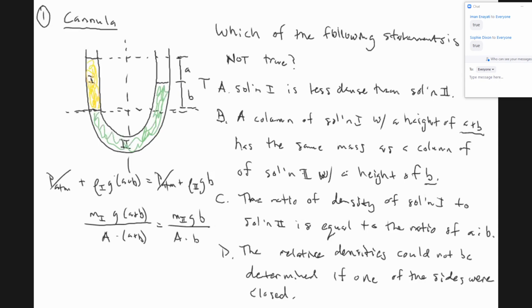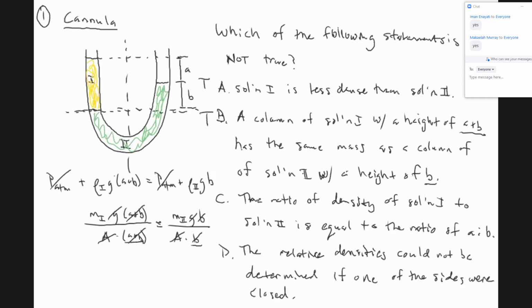If we cancel everything out, B cancels B, gravity cancels gravity, A plus B cancels A plus B, and the cross sections cancel out. Are those masses equal? Looks pretty equal to me. So this is a true statement.